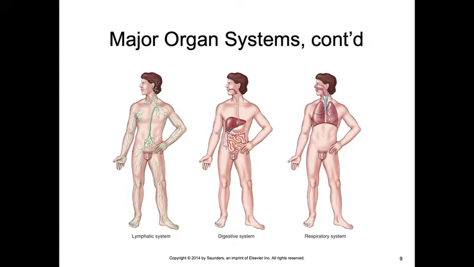The middle system is the digestive system, and its job is to mechanically and chemically break down the food that we eat so that we can load those nutrients into our blood supply, and then from there the nutrient-rich blood goes to an organ called the liver, and the liver can then store those molecules for later use as either fat or as a type of starchy molecule called glycogen.